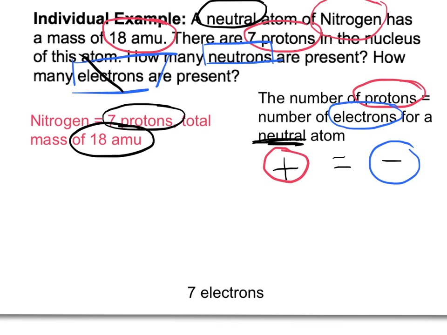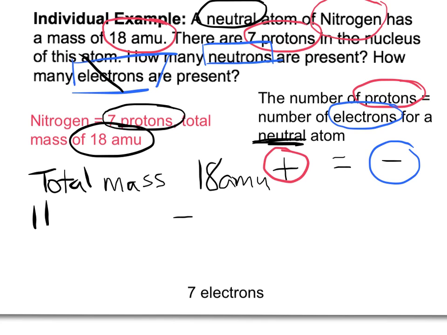So we start with our total mass, which is 18 AMU, and we subtract our number of protons, which is 7 AMU, because we have 7 protons each weighing 1 AMU.